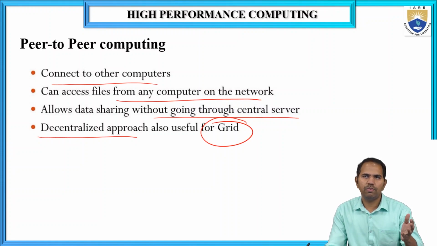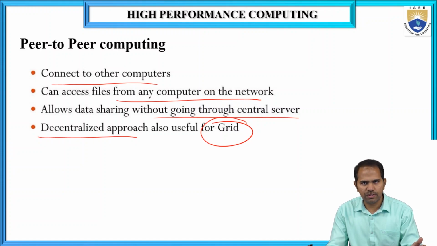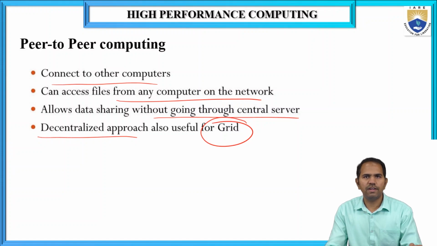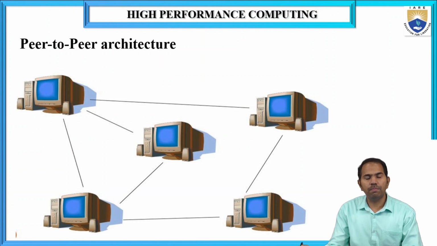Whatever concept you take from P2P computing, P2P is nothing but computers that do not interact with a server system; they share resources or data. So this is decentralized, and it mostly helps grid computing. Now this is the P2P architecture.